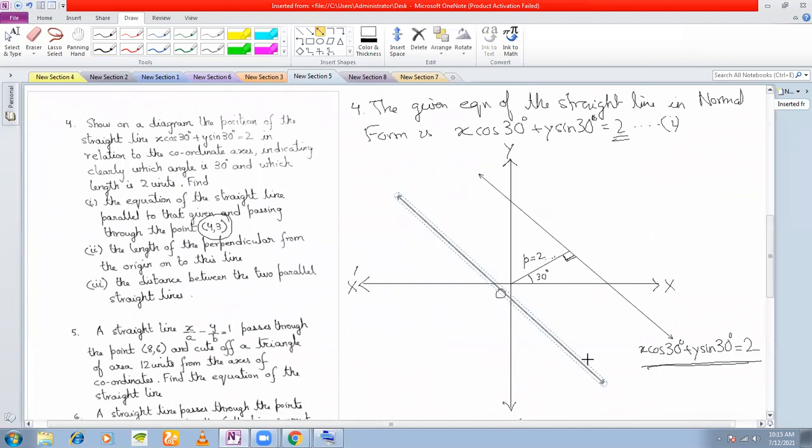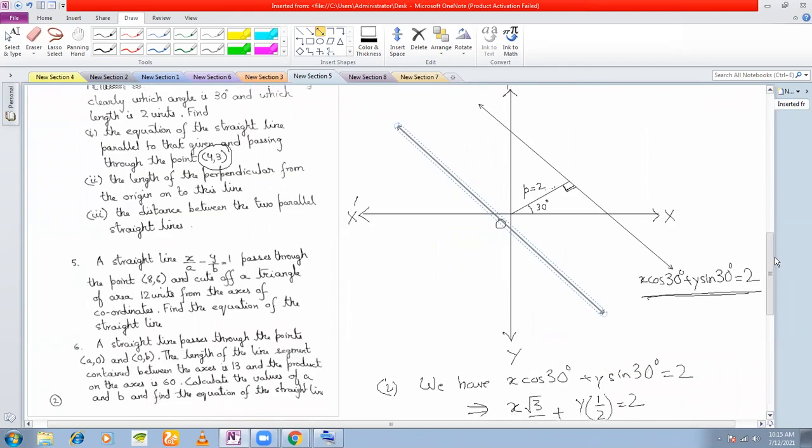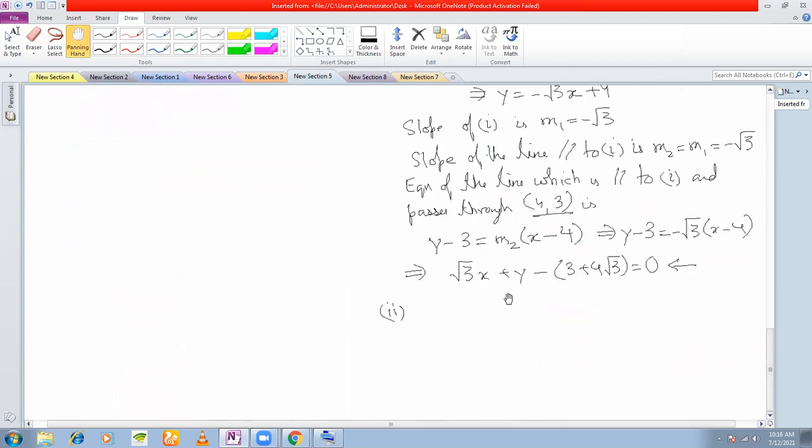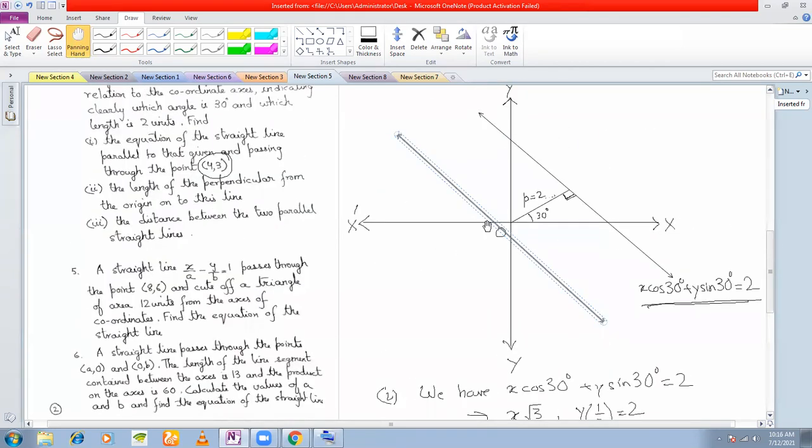I don't know how it looks like, but let's just draw a rough diagram. Okay, so if we can write the equation of this line in perpendicular form, we can find out the length of this perpendicular. We are talking about this perpendicular here from the origin. Now you draw a perpendicular here, right? So we are talking about this length, right?